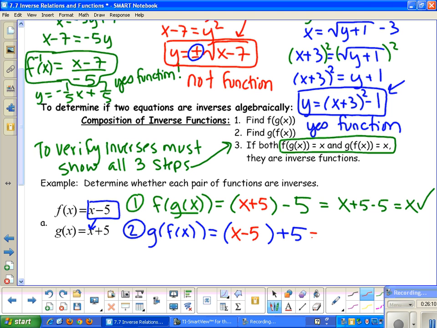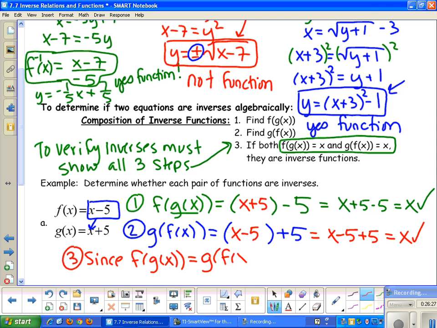And when I do that, I get x minus 5 plus 5, which is equal to x. And then the last statement that we would want to write is, since f of g of x equals g of f of x, and they both equal x, therefore they are inverses.